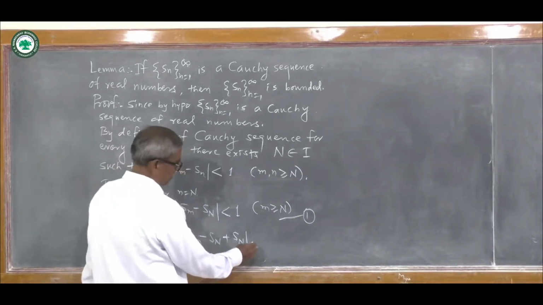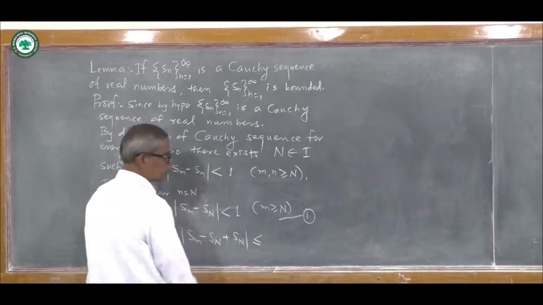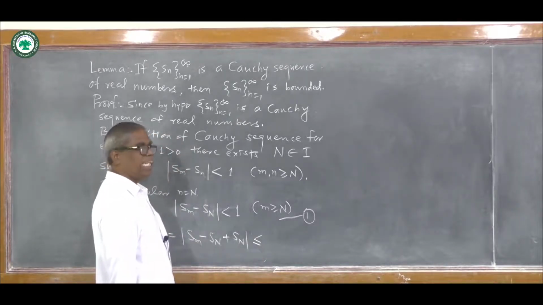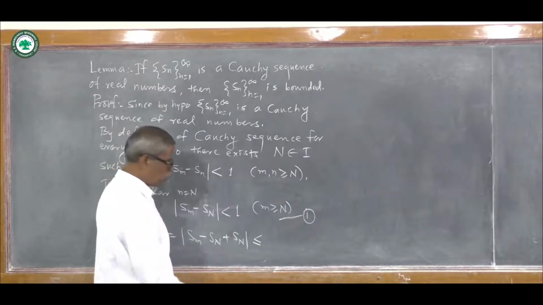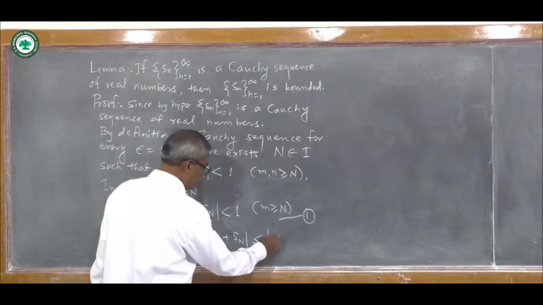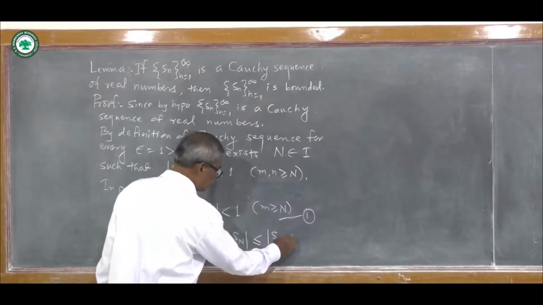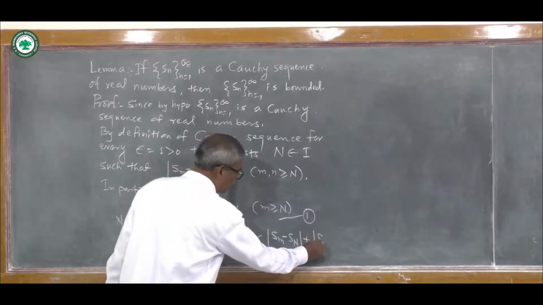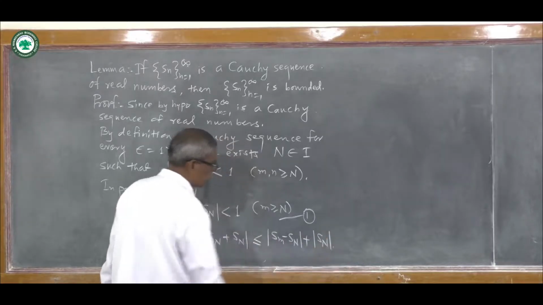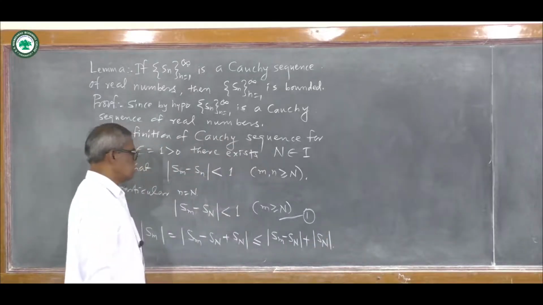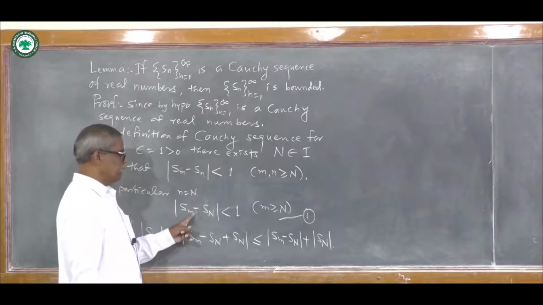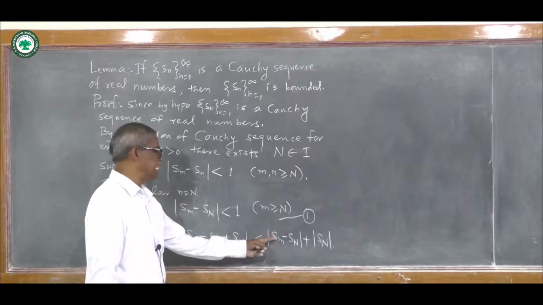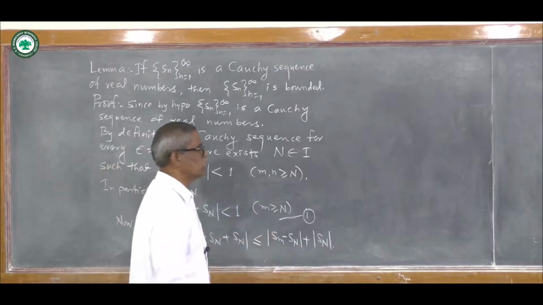This is less than or equal to, by properties of modulus, mod of A plus B less than or equal to mod A plus mod B, modulus of S suffix M minus S suffix capital N plus mod of S suffix capital N. By 1, S suffix M minus S suffix N is strictly less than 1.